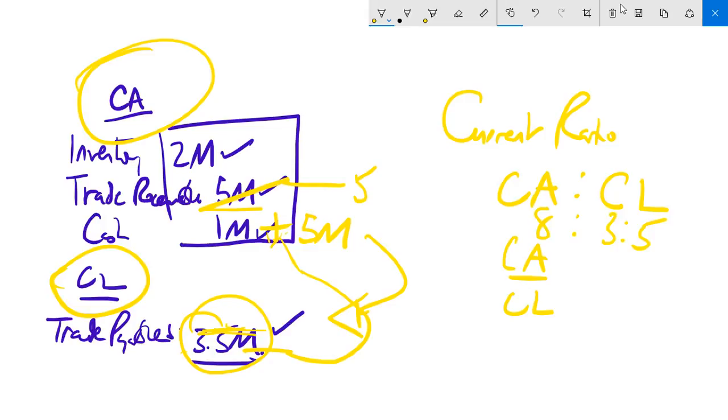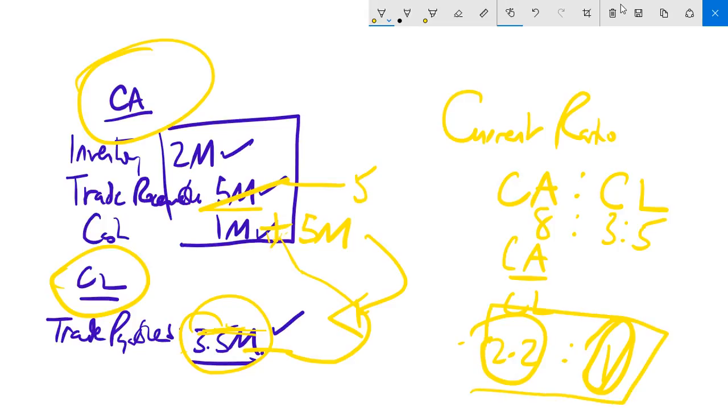So this is a good ratio. 8 divided by 3.5 gives you, at the bottom line, 2.2 to 1. So this is saying that for every pound we owe, we have £2.20 available to pay it.